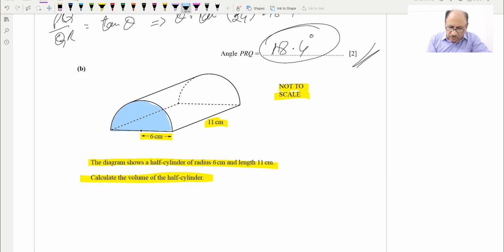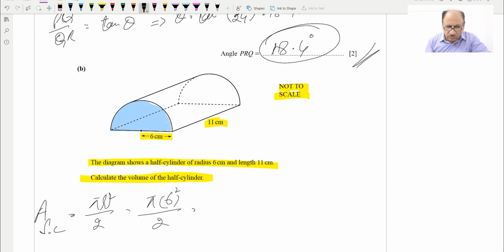So this is basically the area of the semicircle, pi times 6 square divided by 2, and this will be 18 pi. Next we need to multiply the face area by the length, and we will get the answer.